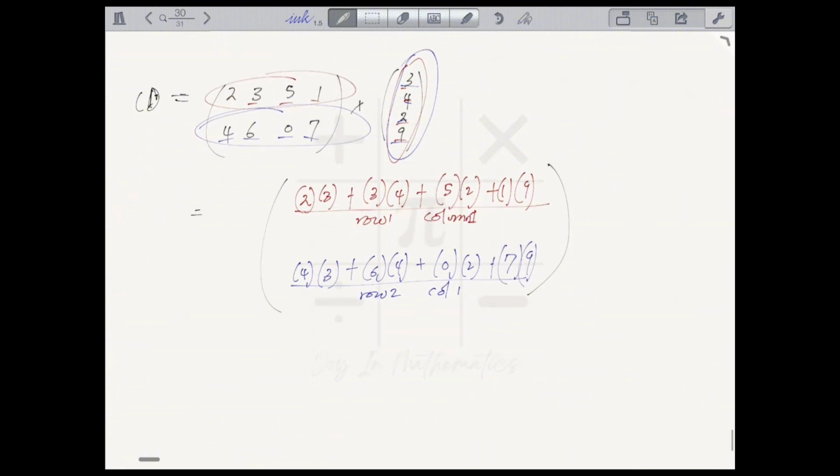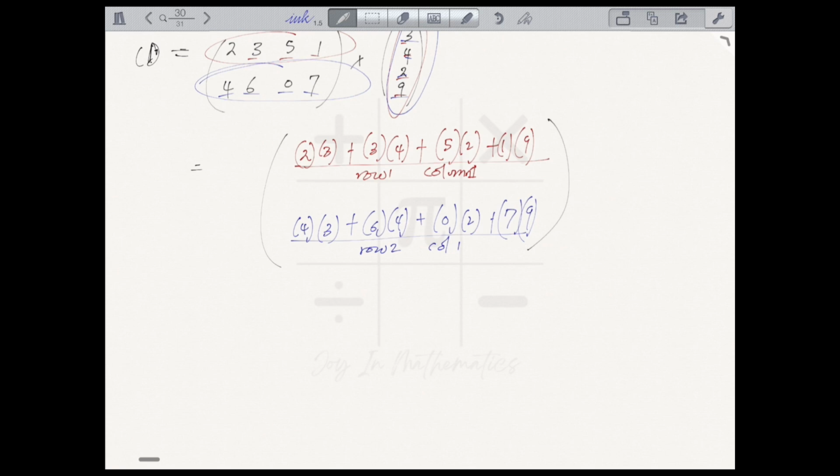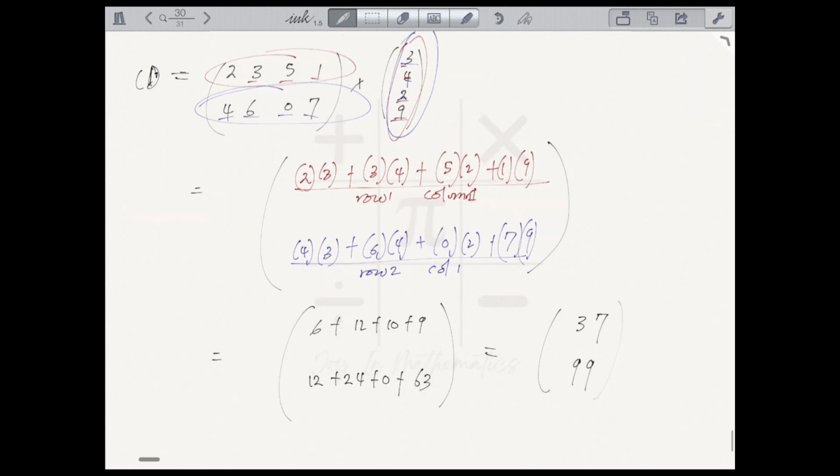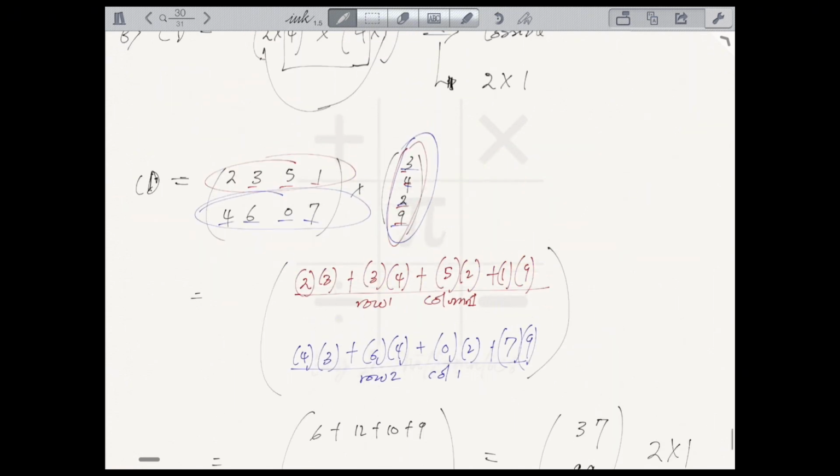So we solve further, and this will be 6 plus 12 plus 10 plus 9, and 12 plus 24 plus 0 plus 63, and this will result in 37 and 99. Now yes, this is a 2 by 1 matrix, which tallies with what we have here.